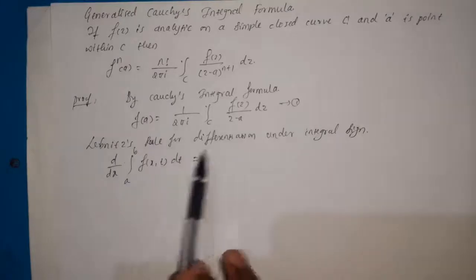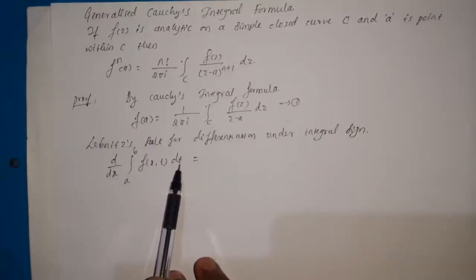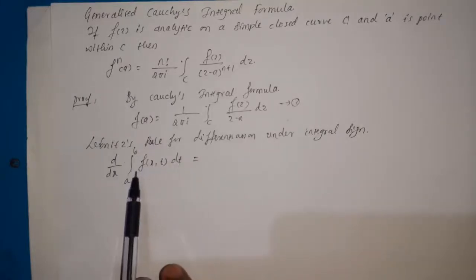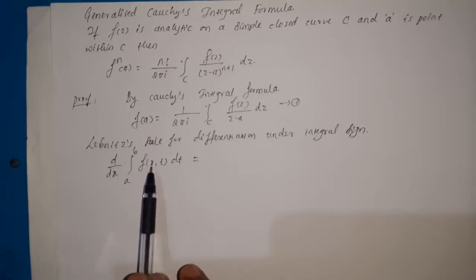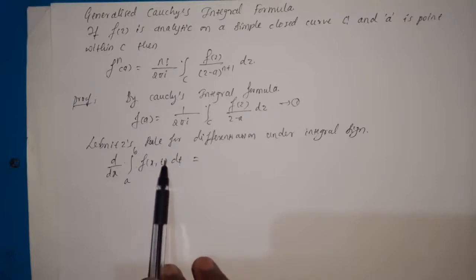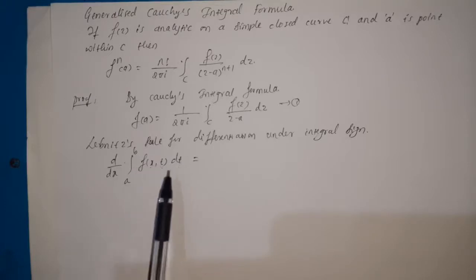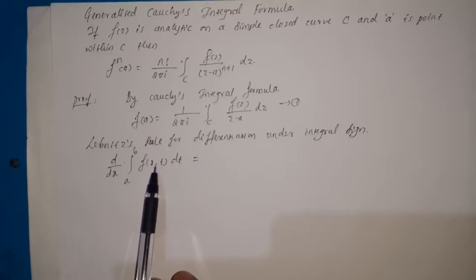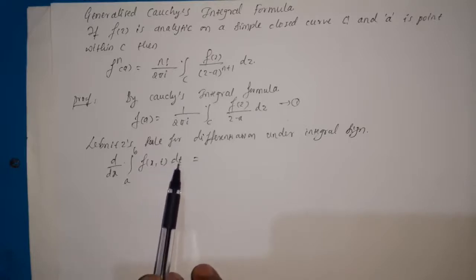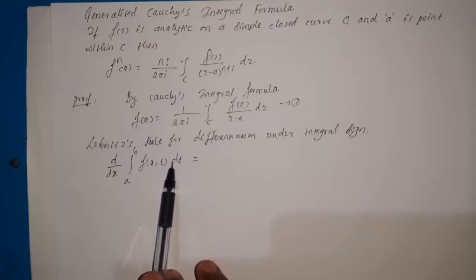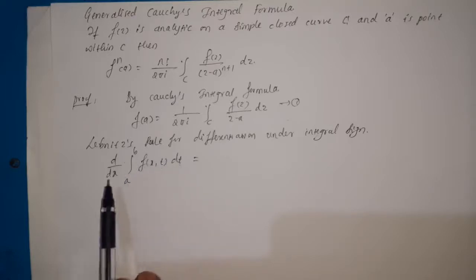Observe this carefully. Here the variable of integration is t and the function is of two variables x and t. Then we can differentiate this function with respect to the variable which is not the variable of integration, meaning we cannot differentiate this with respect to t because already the function is integrated with respect to t. So therefore we need to differentiate with respect to the remaining variable, that is x.